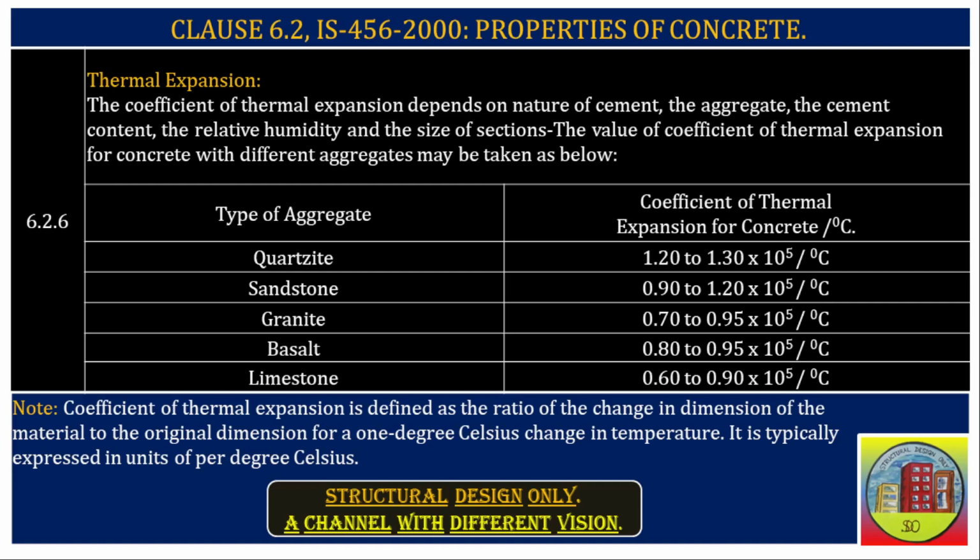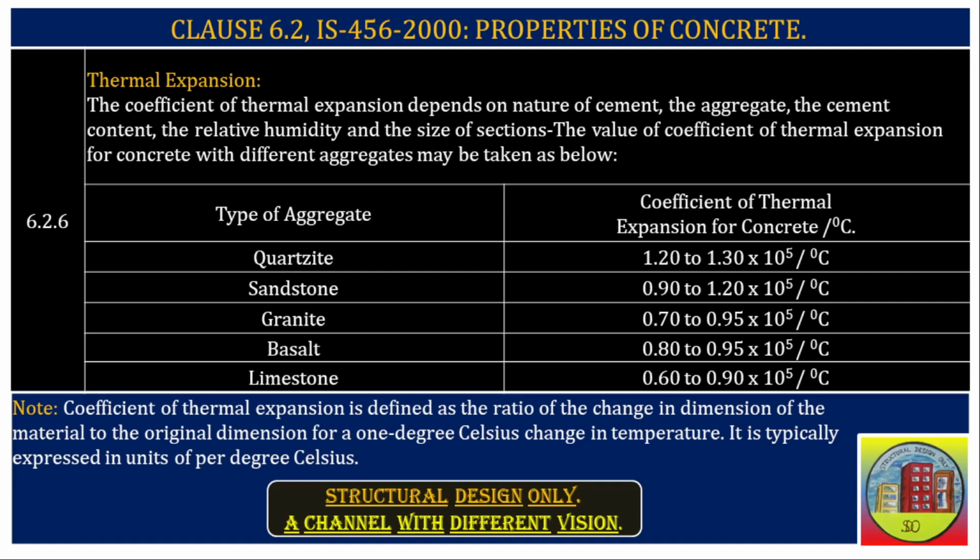Column 1 is the type of aggregate. Column 2 is the coefficient of thermal expansion for concrete per degree centigrade. 1. Quartzite, 1.2 to 1.3 into 10 to the power minus 5 per degree centigrade. 2. Sandstone, 0.9 to 1.2 into 10 to the power minus 5 per degree centigrade. 3.